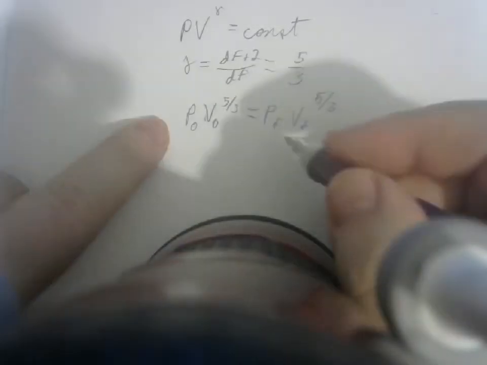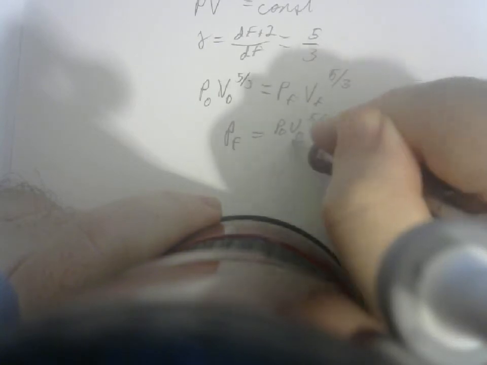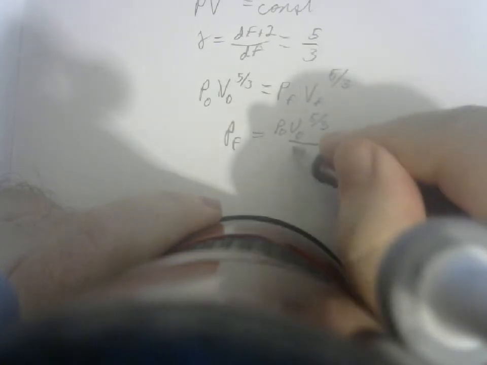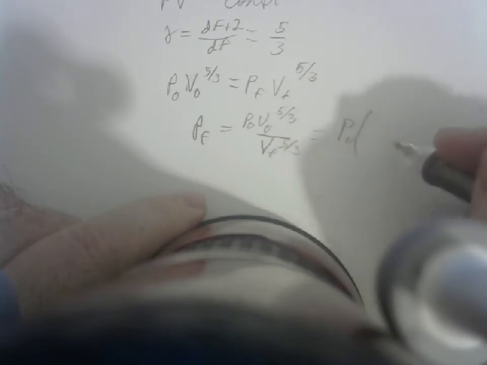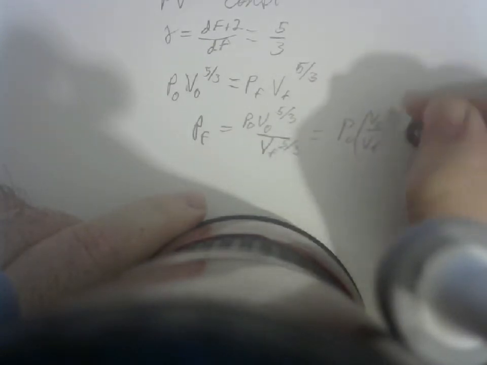So we will find P final by taking P naught V naught to the 5/3 divided by V final to the 5/3. We can even shorten that to P naught times V naught over V final to the 5/3.